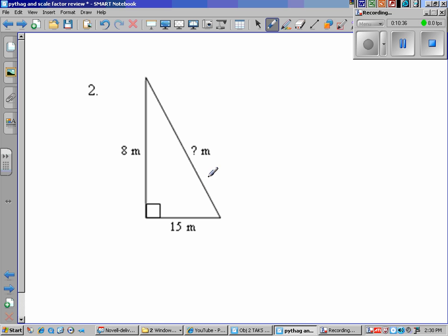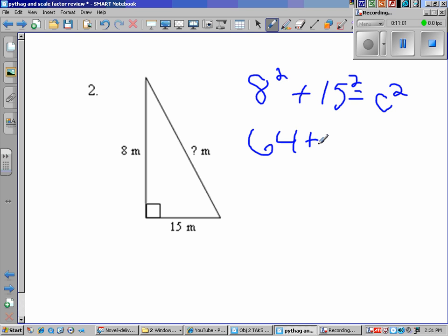On this one, I'm trying to find the hypotenuse. So I'm going to take 8 squared plus 15 squared, and that equals c squared. Well, 8 squared is 64 plus 15 squared is 225 equals c squared.